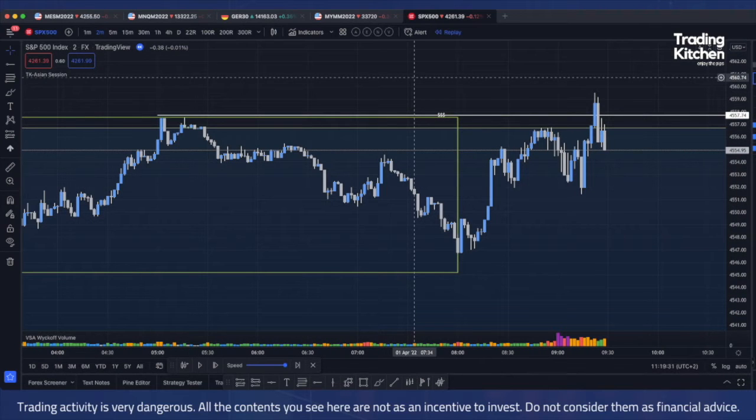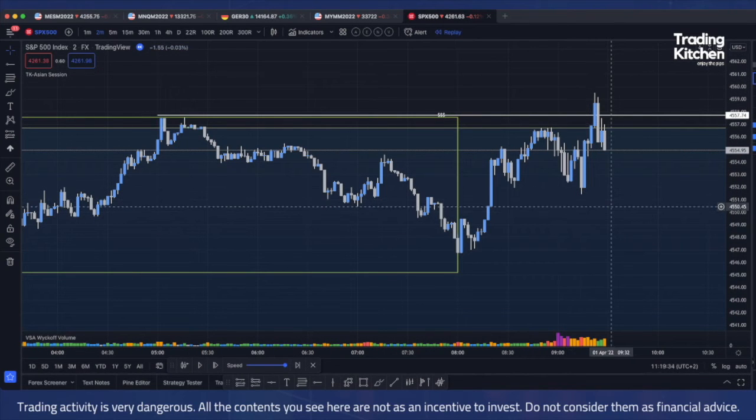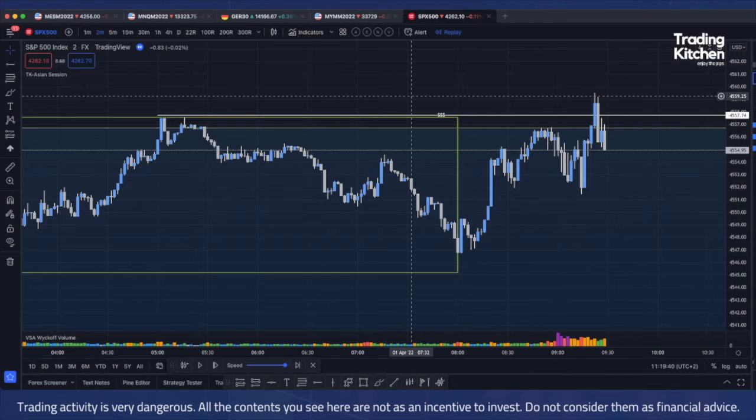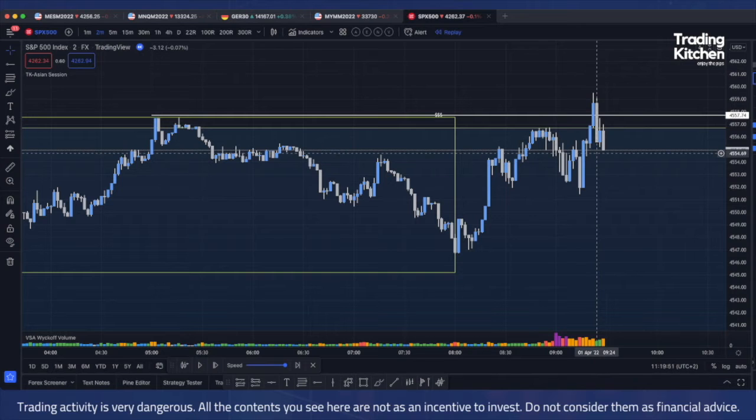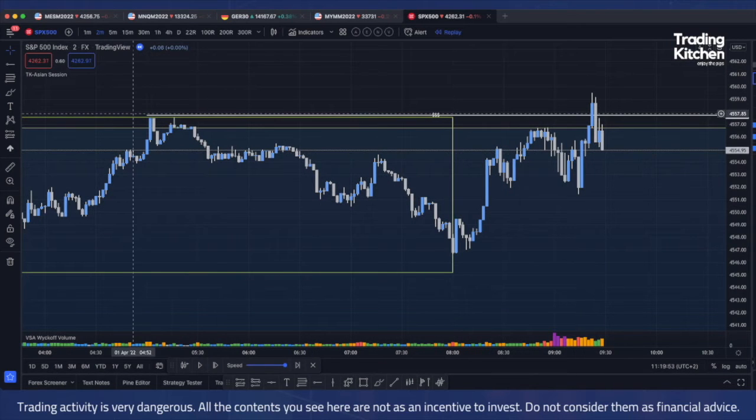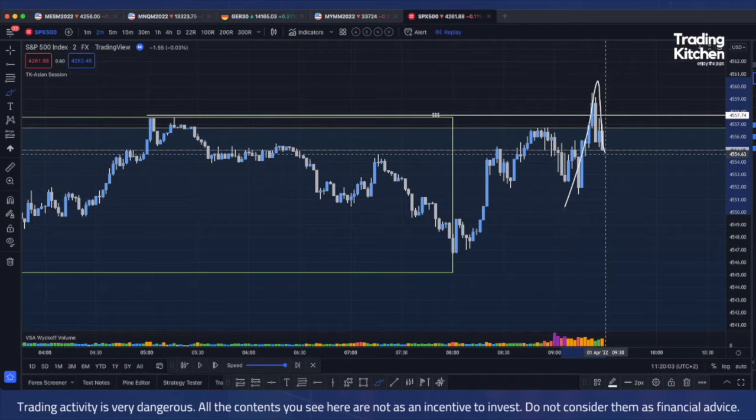On 2 minutes time frame, I want to see a clear evidence, so I want to see a clear change of the structure, okay? This is for me very important. I know traders that are more aggressive than me, and in this case they will be in the market already, because double top, price made a fake breakout on the Asian high and returns into the area with an engulfing, okay?